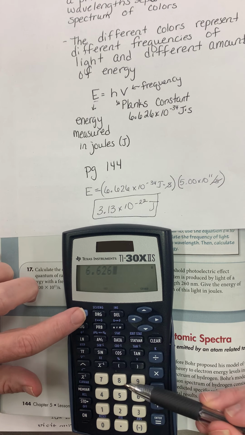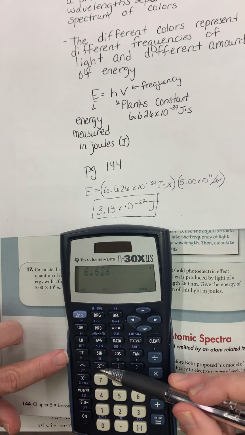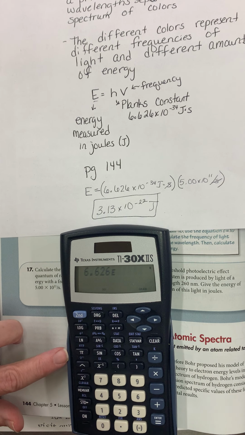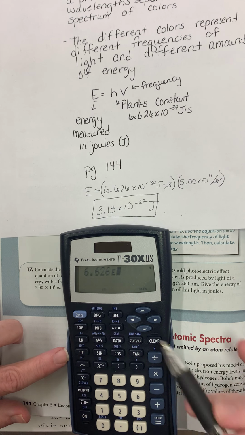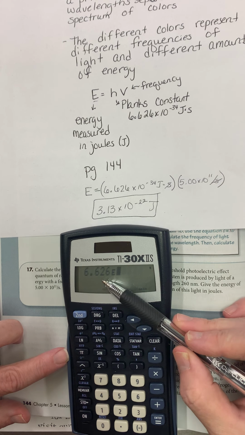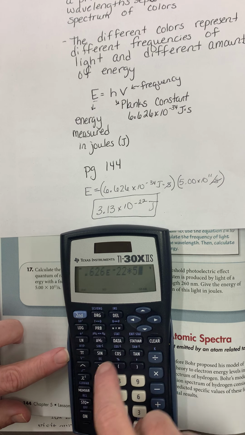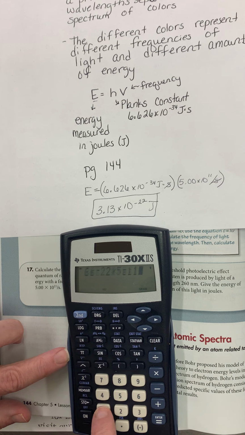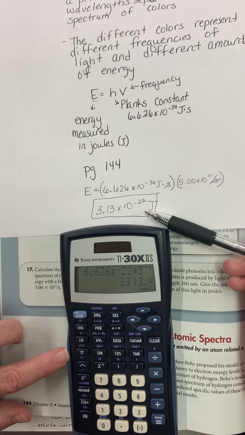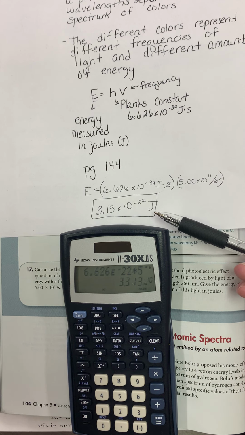For mine, I have to use the second function and then press this button right here. EE means times 10, so I don't have to type that part in. So 6.626 EE negative 34, and then times 5 EE 11. Then you press equals, and you get 3.13 times 10 to the negative 22nd joules.